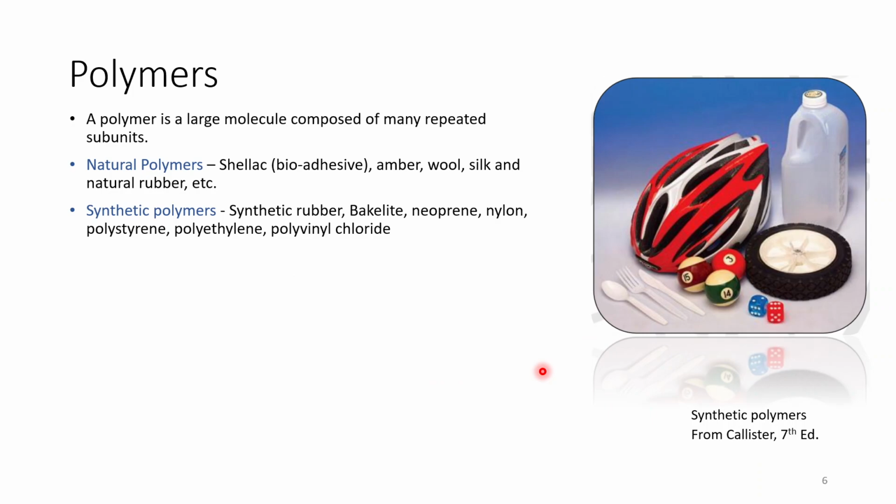Next you have polymers. A polymer is a large molecule composed of many repeated subunits, and these can be of two types.